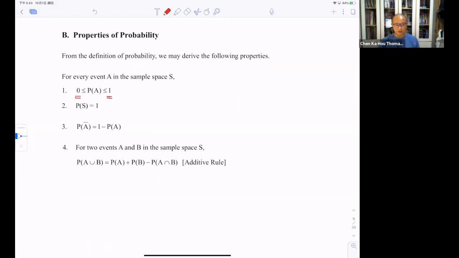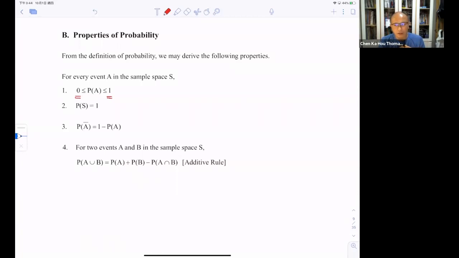Okay, this is the first rule about probability. If the probability is 0, that means the event is impossible. Can you find an odd number which is divisible by 2? It is impossible. Okay. Second, the probability of S is 1. S represents the sample space. The whole sample space has probability equal to 1. Okay, this is the second rule.